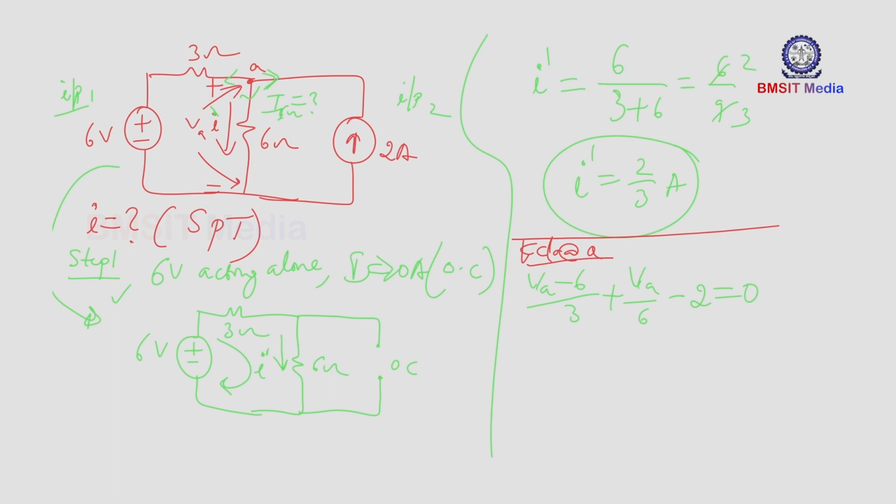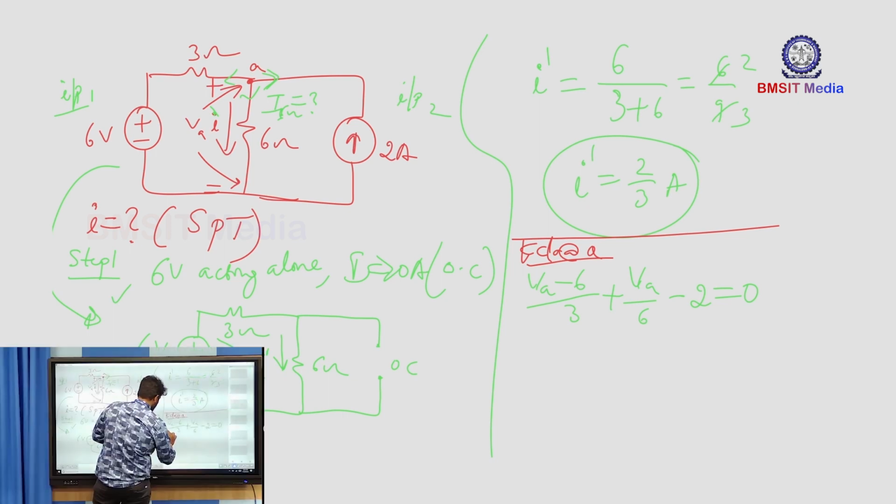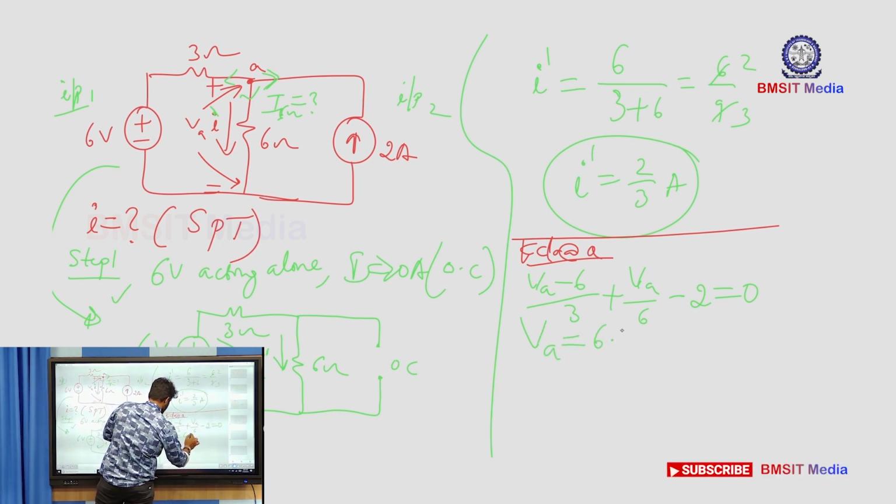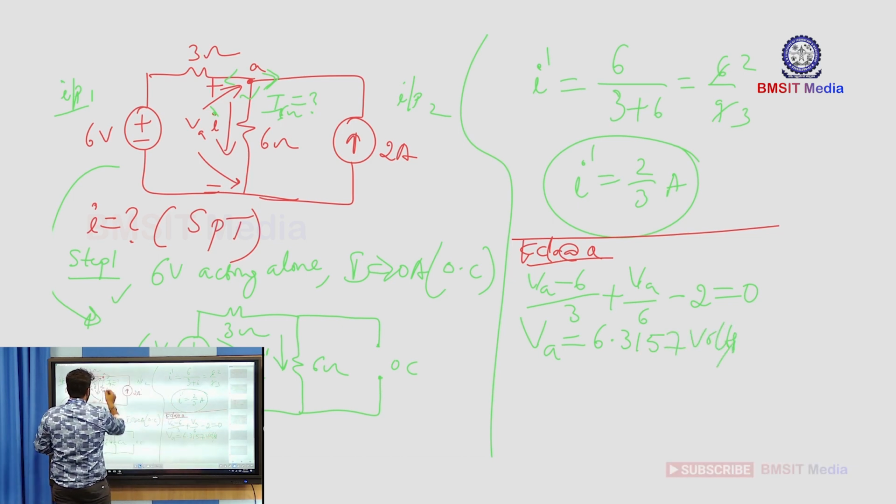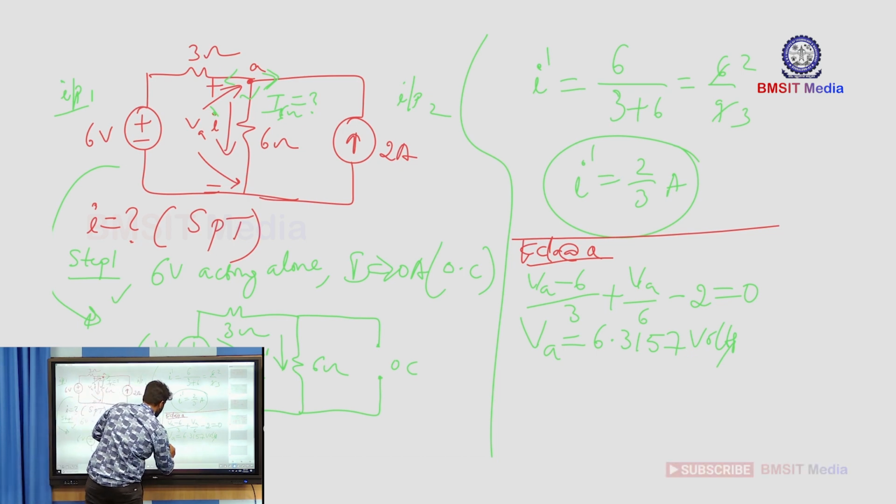So, that is the equation you will get. When I use the calculator, I got the VA value as 6.3157 volts. So, what is I through the 6 ohm then?